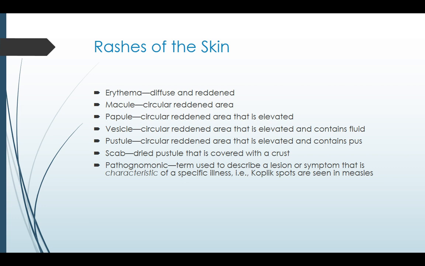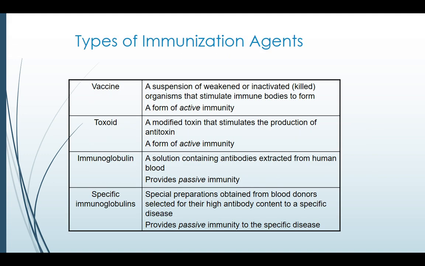Pustules is circular reddened areas that are elevated and contain pus. And scab is dried pustule that is covered with a crust. And a pathognomonic term used to describe a lesion or symptoms that is characteristic of a specific illness. Koplik spots are seen in measles. Okay, that's what an example would be.